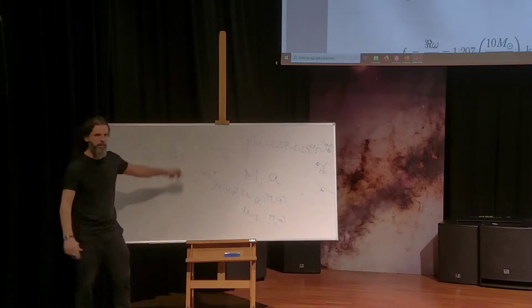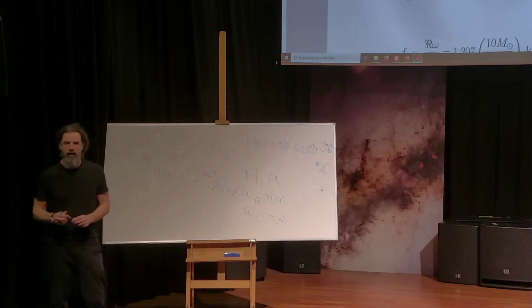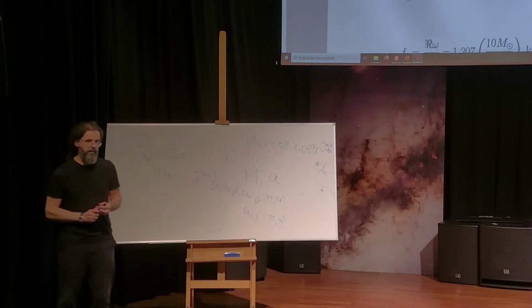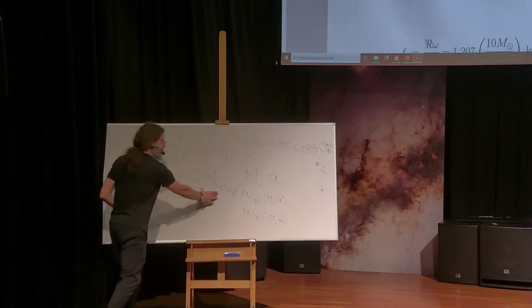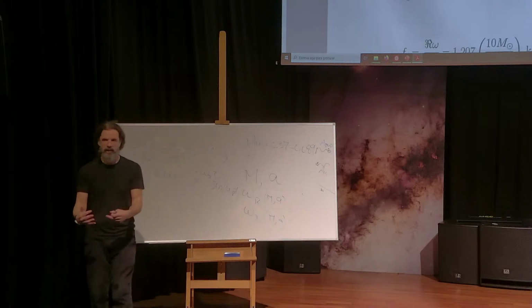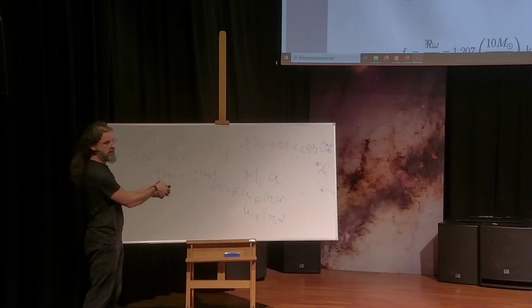Maybe a sum of these, but let me just start with one that's simpler, okay? Clearly, we did all the calculations here, I didn't omit anything, but we know this is only a good description when your space-time is a slightly disturbed black hole. Clearly, this is not a good description here, right?